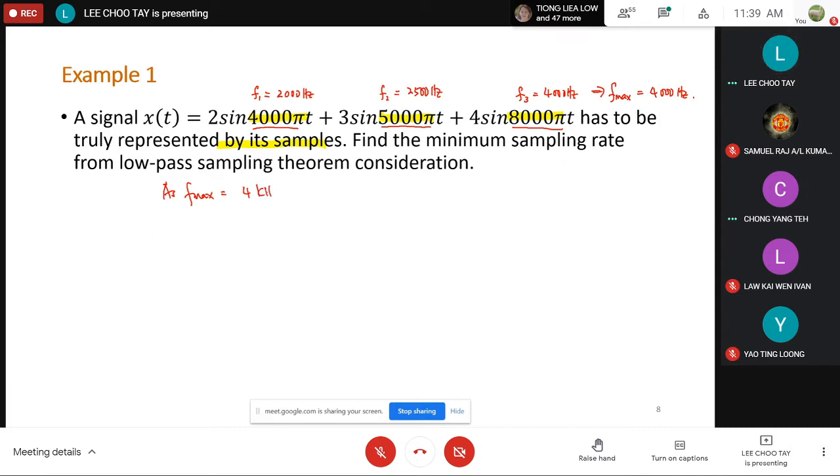The sampling rate must be at least 2 times f max, so that gives you 2 times 4 kilohertz, which is 8 kilohertz. 8 kilohertz also means 8,000 samples per second. So that's an easy one.